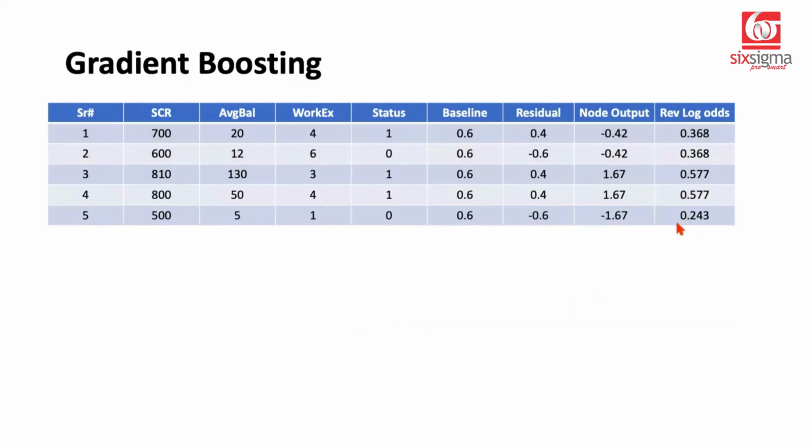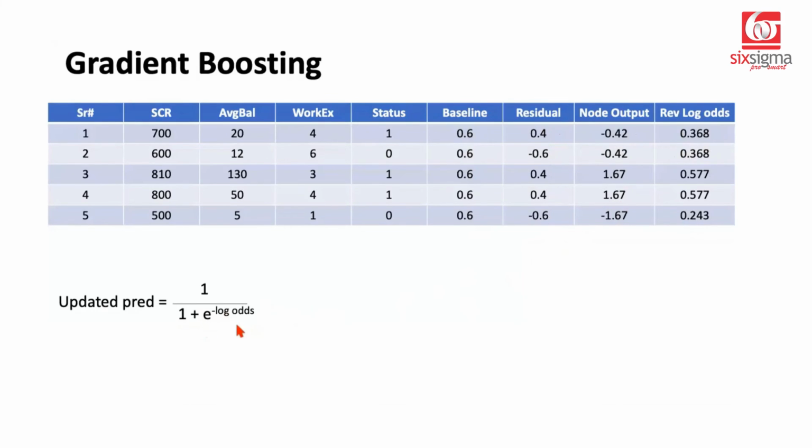Once we have the log odds ratios available for all the observations, we can easily translate that into probabilities using the same sigmoid function. So if you see, what is happening is you started with a baseline, calculated the residuals, then you applied a tree which tried to minimize the residuals. Based on the output of the tree, we are once again calculating a log odds ratio and updating the probabilities.